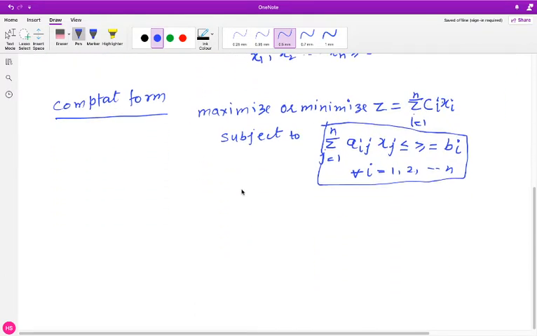Now let us discuss the matrix form of the linear programming problem.